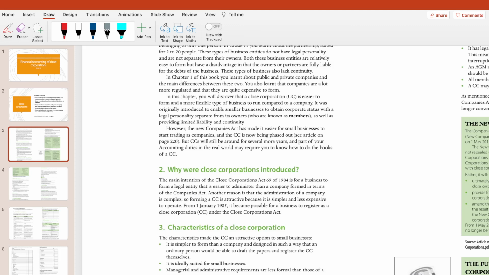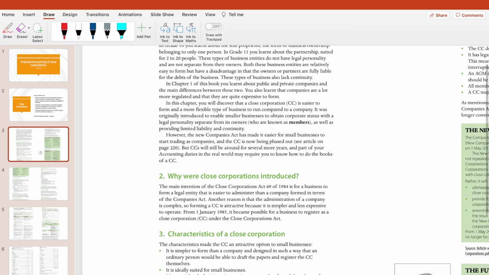So members are the owners of a CC, where in a partnership it is the partners, and if you're in a company, then it is the directors and the shareholders that are part of the business.